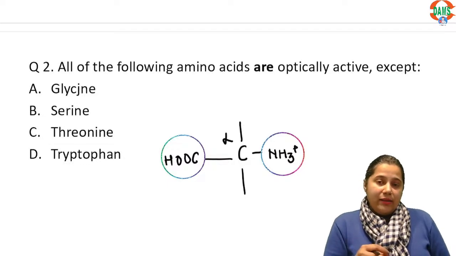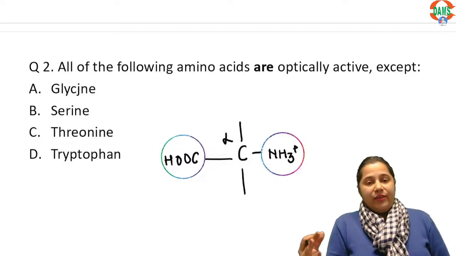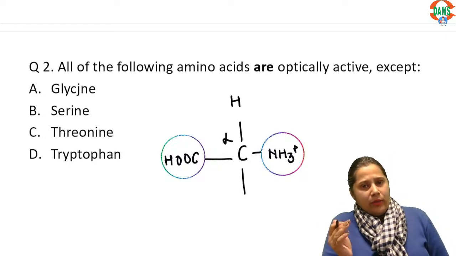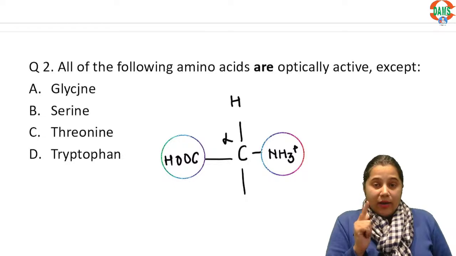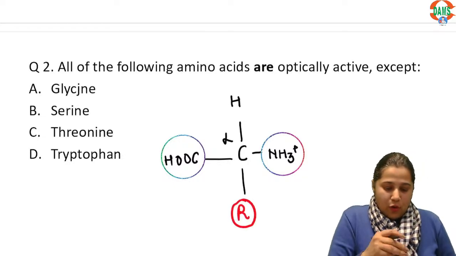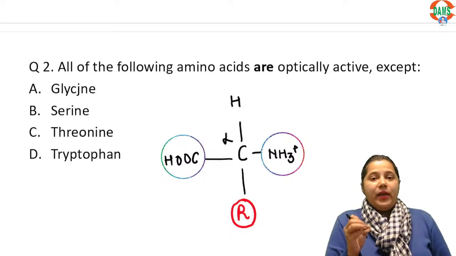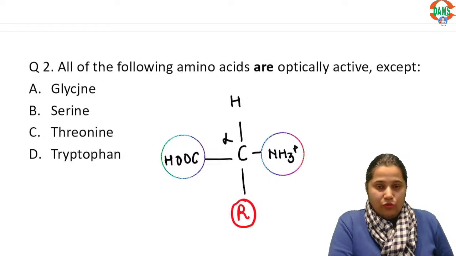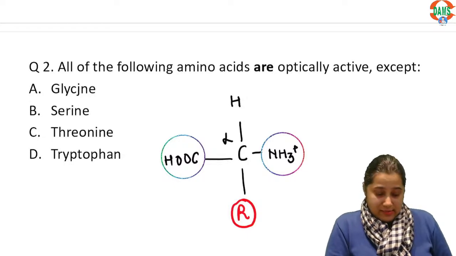The 4th valency and the 3rd valency are different. This here is hydrogen for all the amino acids, that is fixed. But the 4th valency, that is the R group, is different for all the amino acids, and depending upon what this R group is. If this R group is hydrogen, it will become glycine.